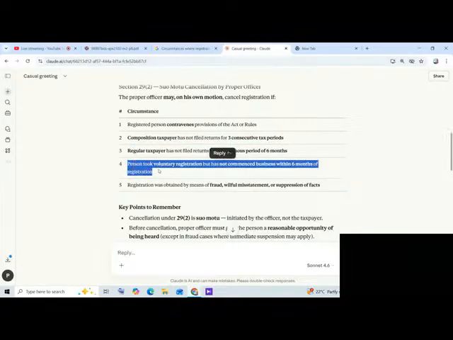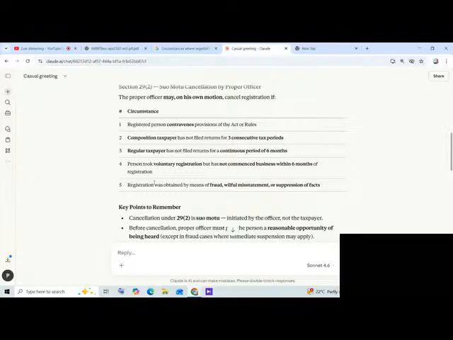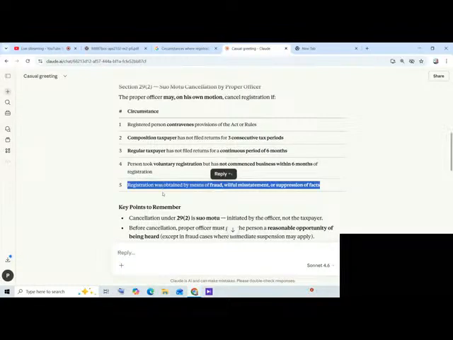Person took voluntary registration but has not commenced business within 6 months of registration. Registration was obtained by means of fraud, willful misstatement, or suppression of facts.